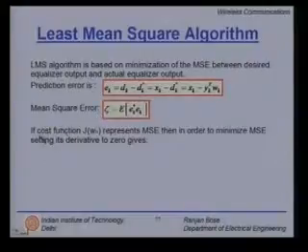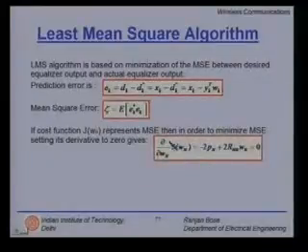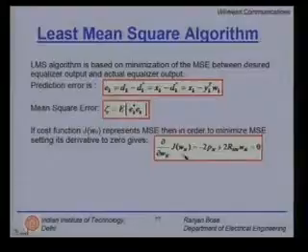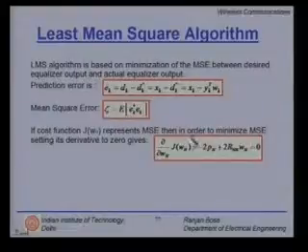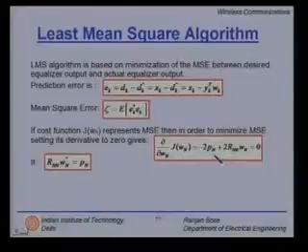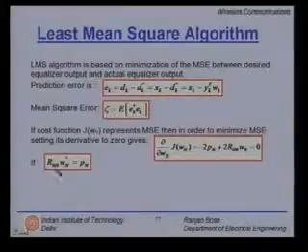Now, we will define for the first time a cost function J as a function of the weight w_n, which represents the mean square error. Then in order to minimize the mean squared error, the derivative of J should be 0. So, del J(w_n) by del w_n should be equal to 0, and you get this famous normal equation, where you have R_nn, the input covariance matrix, times the weight vector equal to p_n.